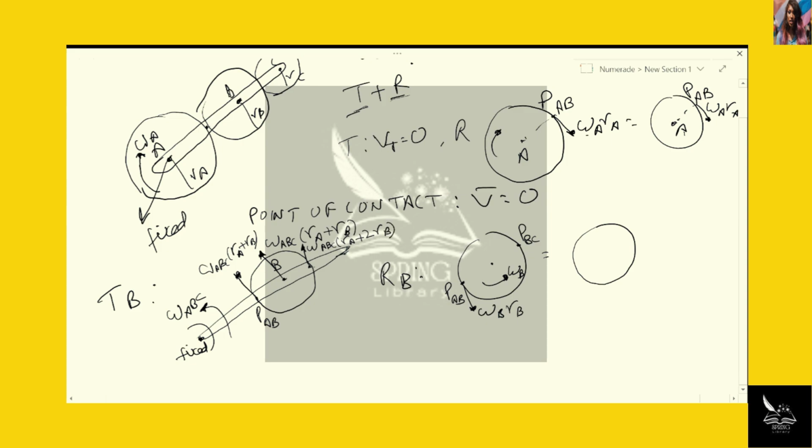This is the velocity at this point, point B, the point of contact between B and C. And the velocity here, because of the rotation of B, it's anti-clockwise, so it's going to point here and going to be omega B RB.